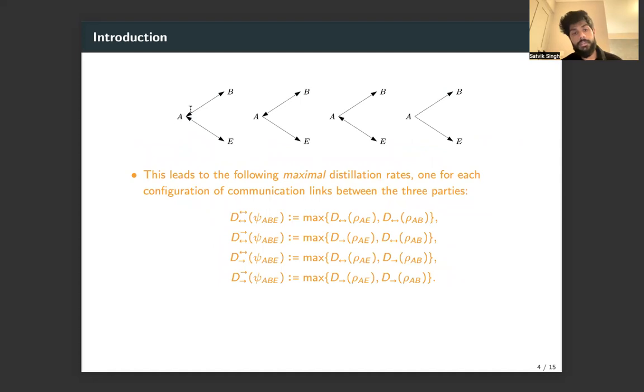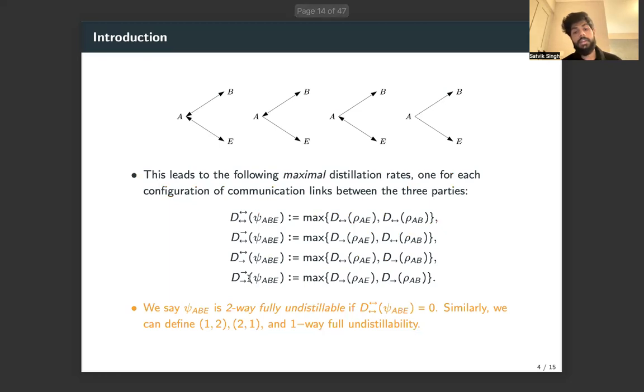So for instance, if we allow two-way communication between both Alice and Bob and Alice and Eve, then we obtain this first quantity here, which is just the maximum of the two-way distillable entanglement of rho AE and rho AB. Similarly, depending on the other 3 communication configurations, you can define the other 3 relevant max distillation rates.